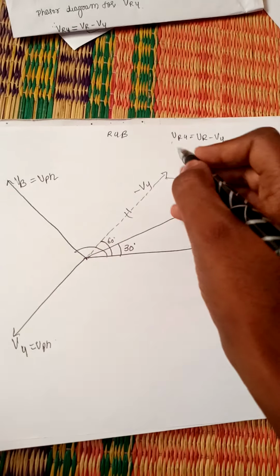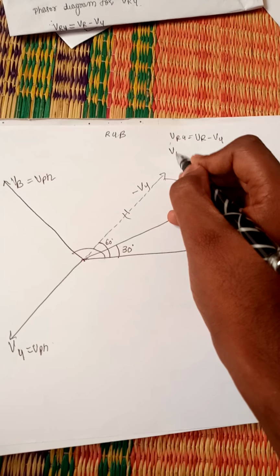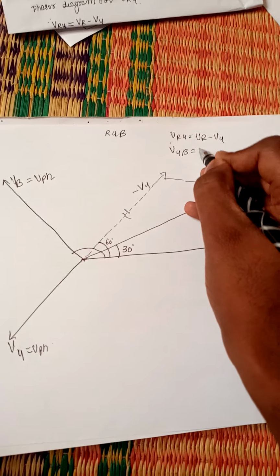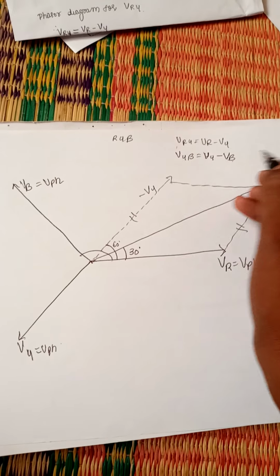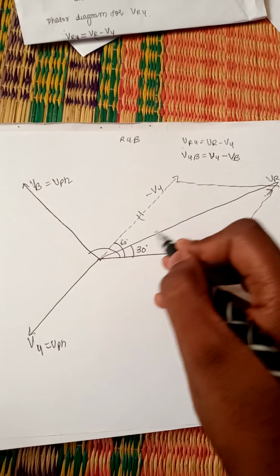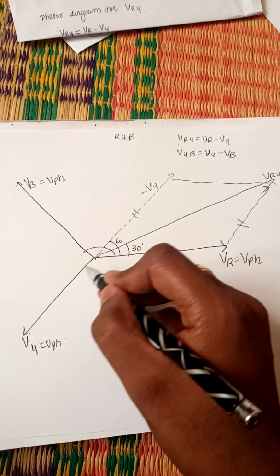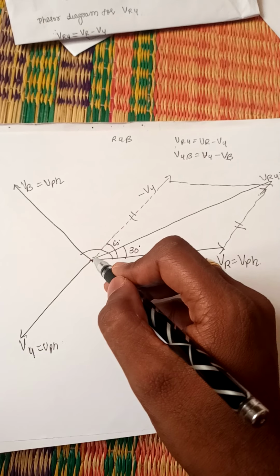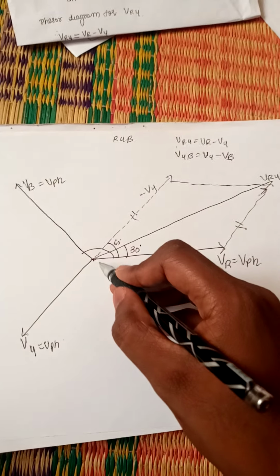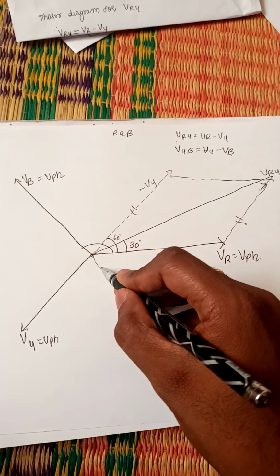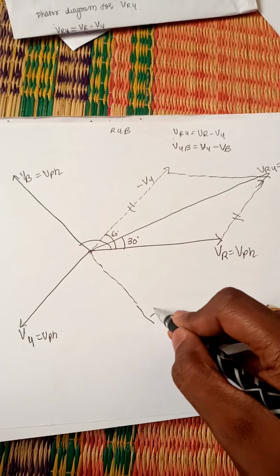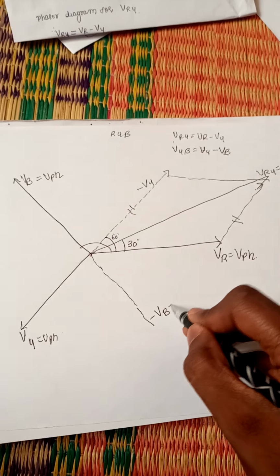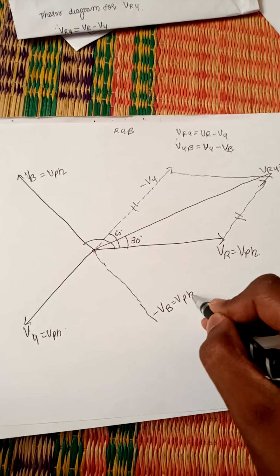In a similar way, you have one more expression, VYB equals VY minus VB. Here you have VY, and minus VB you want, you have plus VB here, so you extend this line like this. This is your minus VB, nothing but your phase voltage only.